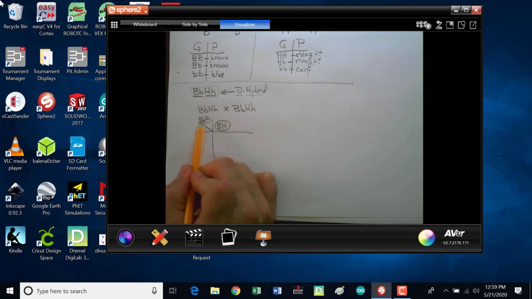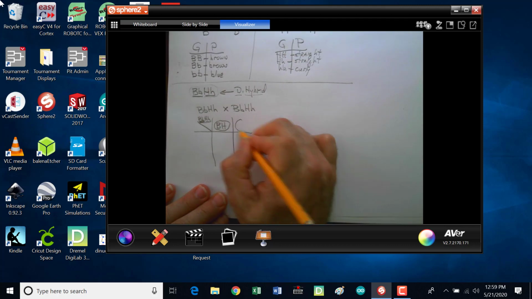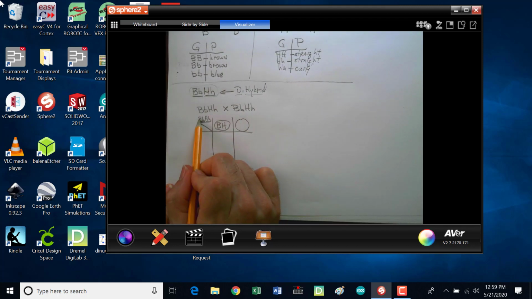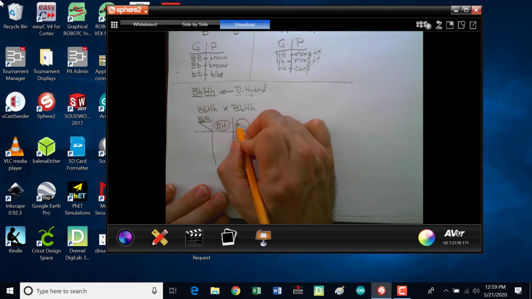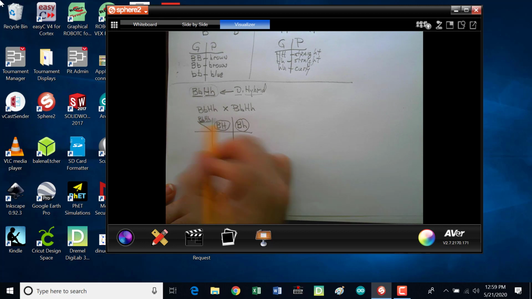So what that means here is, if this is one homologous pair and this is the other homologous pair, then it's sort of like you could get heads on the first coin and heads on the second coin. That would produce this. Your next gamete, though, could be heads on the first coin and tails on the second. Big B, little h, one of each homologous pair.